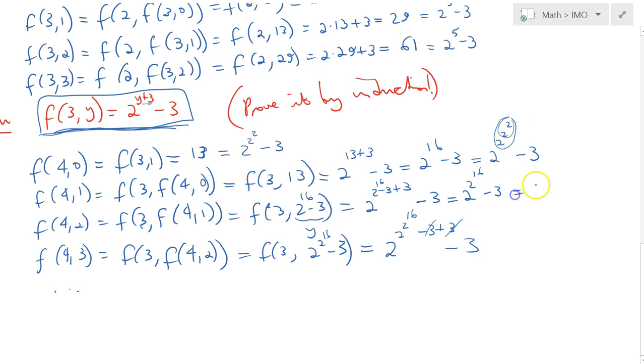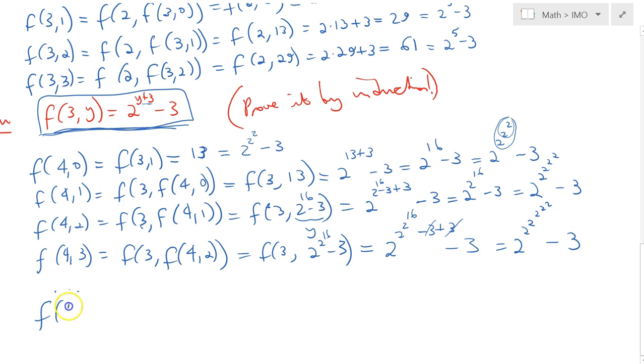And not surprisingly, this is just 2, and then 16 is just 2, 2, 2. We have 4 2's, and including the base, 5 2's minus 3. Of course, this is just 2 to the power 2, 2, 2, 2, 2 minus 3.